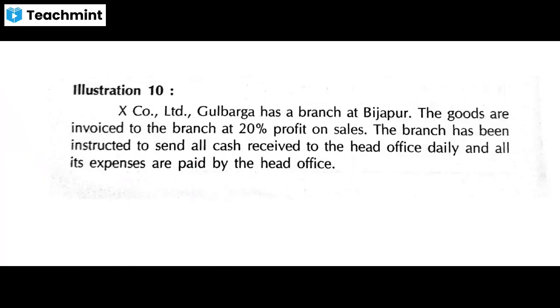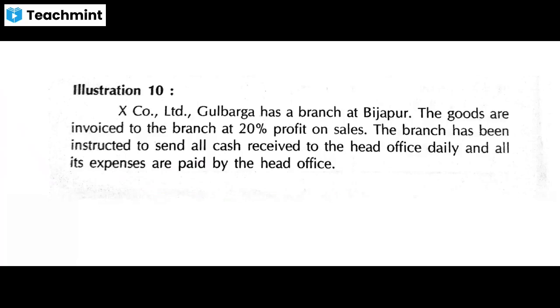Okay. So here X Company Limited, Gulbarga has branches at Bijapur. The goods are invoiced to the branch at 20% on sales. The branch has been instructed to send all cash received to the head office daily, and all its expenses are paid by the head office.